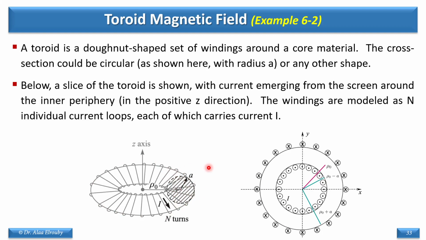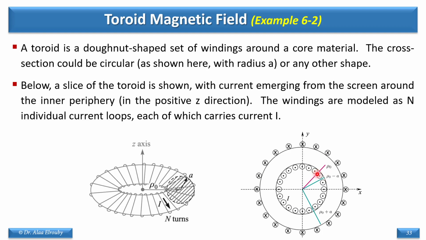Now let us look here. Do we have any kind of symmetry? The answer is yes. The symmetry is in the phi direction. Because of this structure, we must expect the magnetic field to be circulating in the phi direction, and it depends on the current direction, if it's clockwise or anti-clockwise.